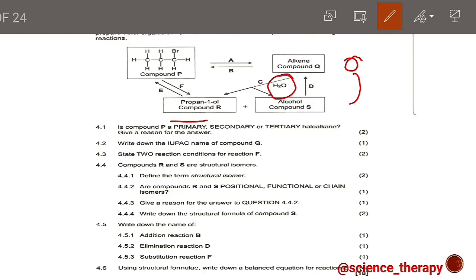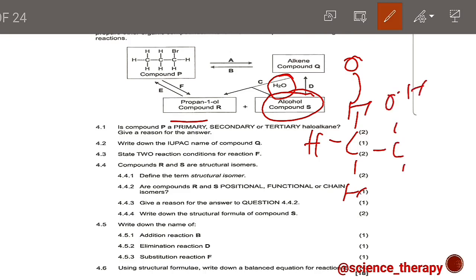Now we know according to Markovnikov, this alcohol that forms must have the OH group on the second carbon in order to form the major product. So this makes compound S propan-2-ol. Now compound R is propan-1-ol and compound S is propan-2-ol.